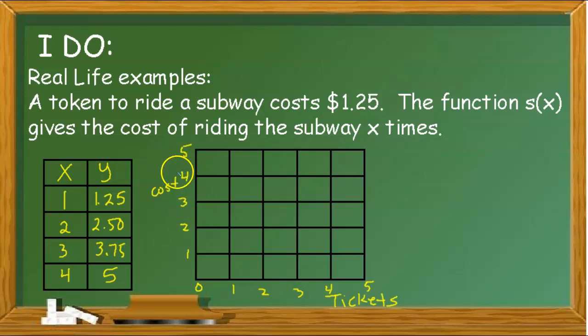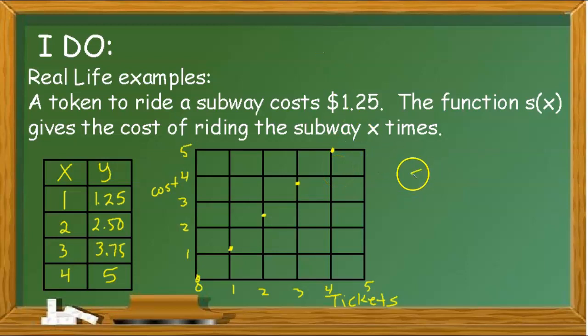We don't all have to set them up exactly the same way, but this would be mine. For 1, it was 1.25. And you could even say 0, 0, because if I didn't buy any tickets, it would not have cost me any money. 2, 2.50. 3, 3.75. 4 would be $5. And you see how that made us a discrete graph.